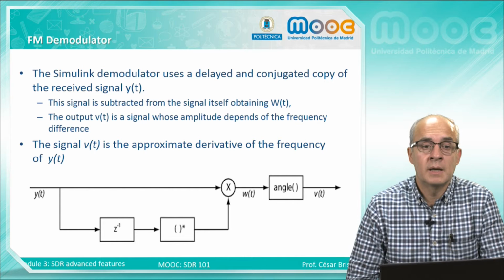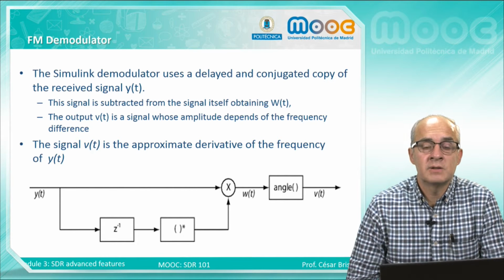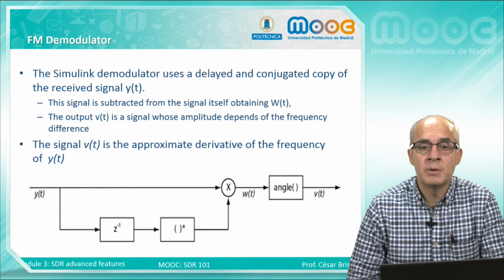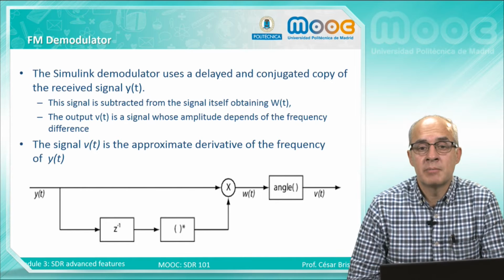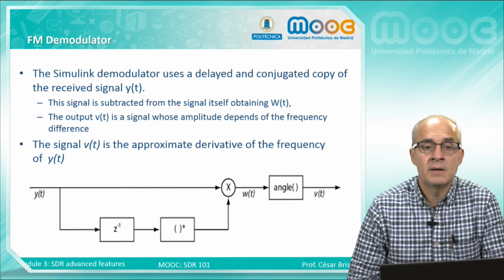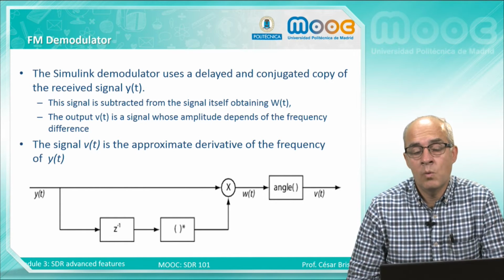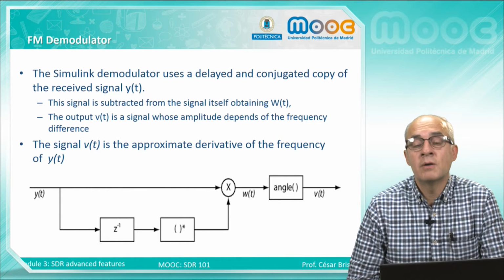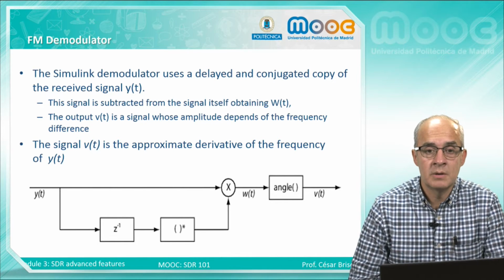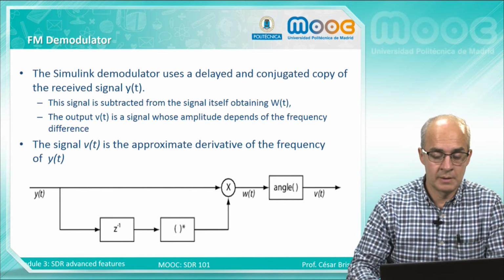The output, V of t, is a signal whose amplitude depends on the frequency difference. Then the signal V of t is the approximate derivative of the frequency of I of t. So this is one of the ways of doing a demodulator, and this way is used by Simulink.